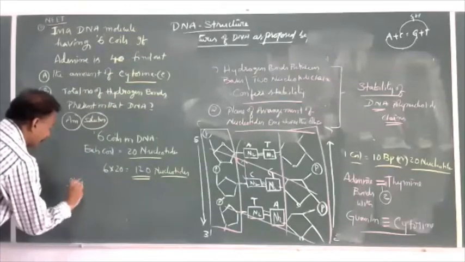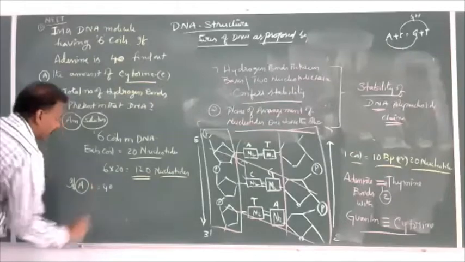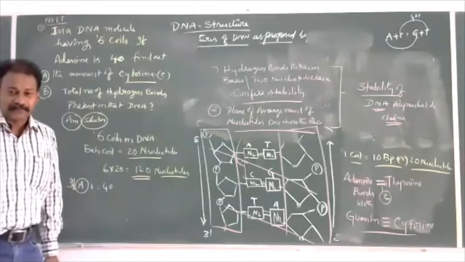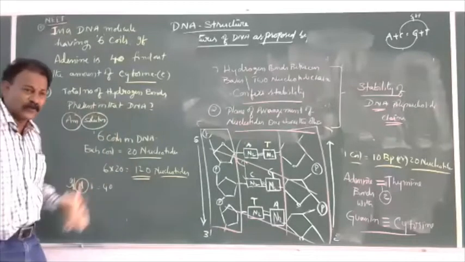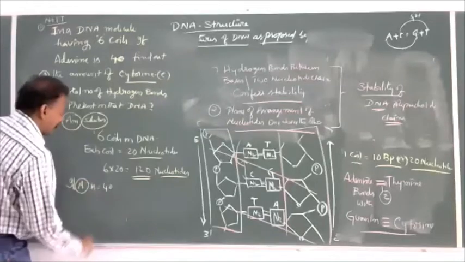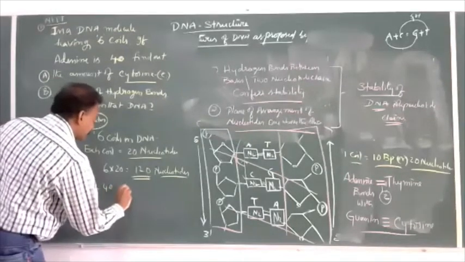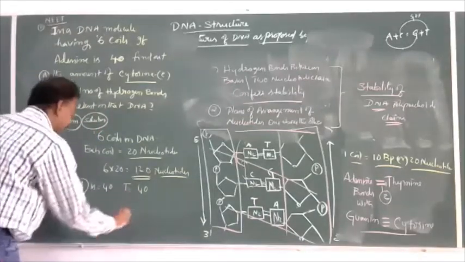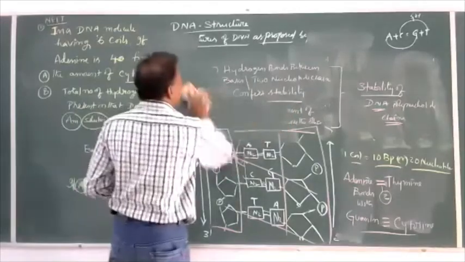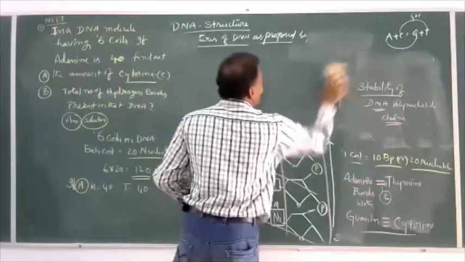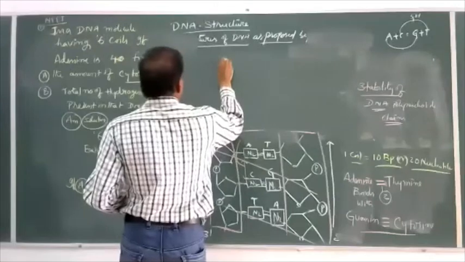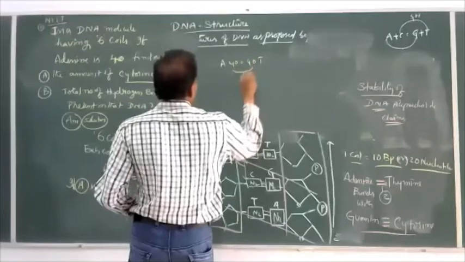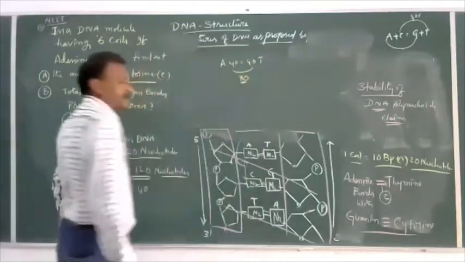If A is 40, according to Chargaff's rule, A is always equal to T, T is always equal to A. So if A is 40, it means T also 40. A 40, T 40, total 80.